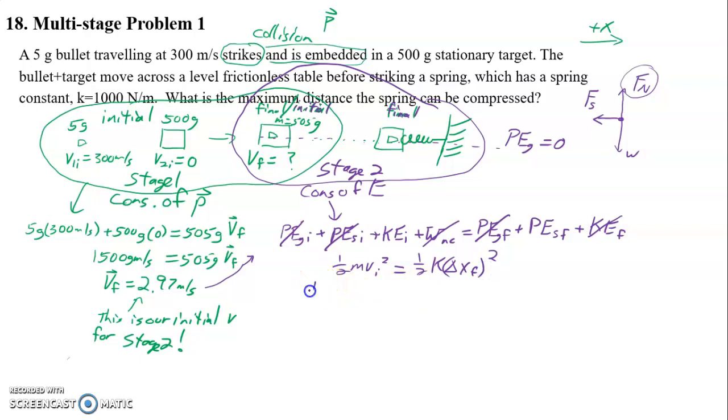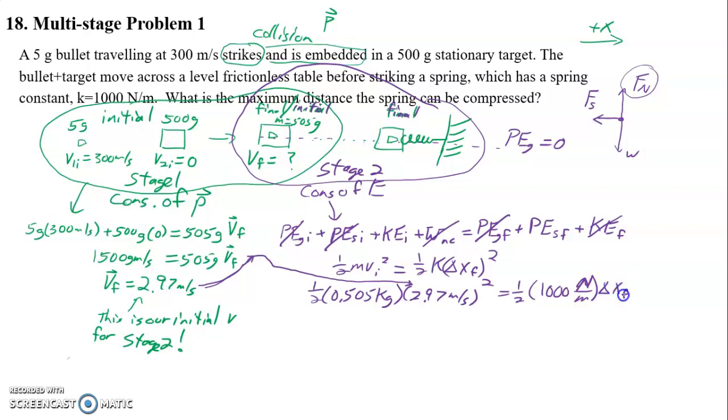We fill in our values, and I'm going to use SI units here, so 0.505 kilograms times our velocity that we found, squared, equals 1/2 times 1,000 newtons per meter times delta x f quantity squared.